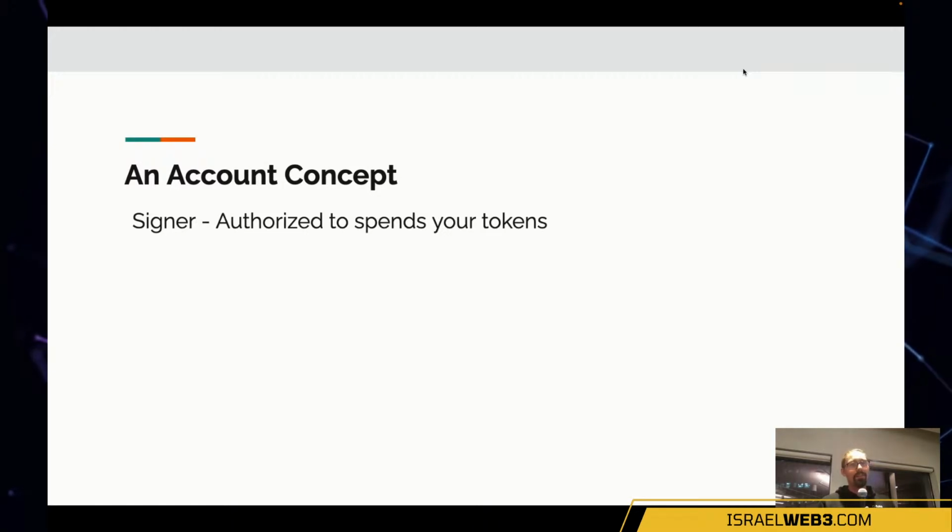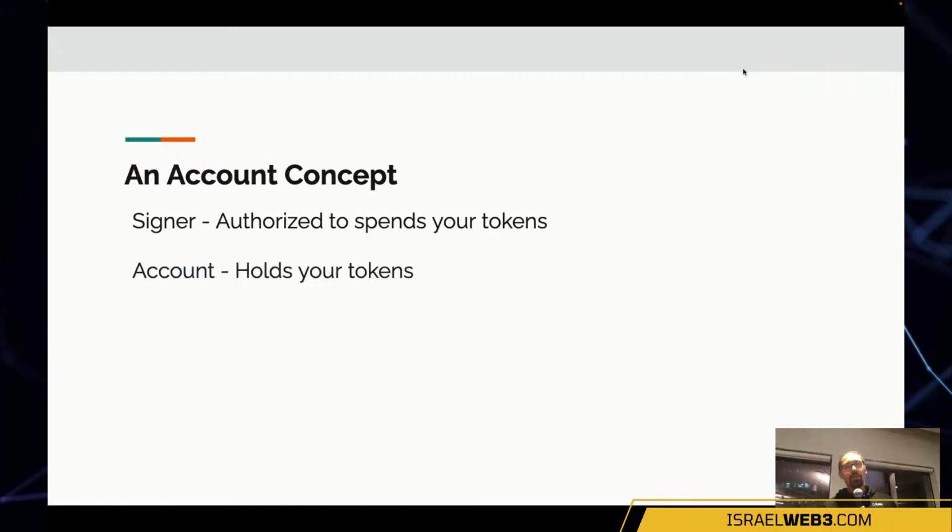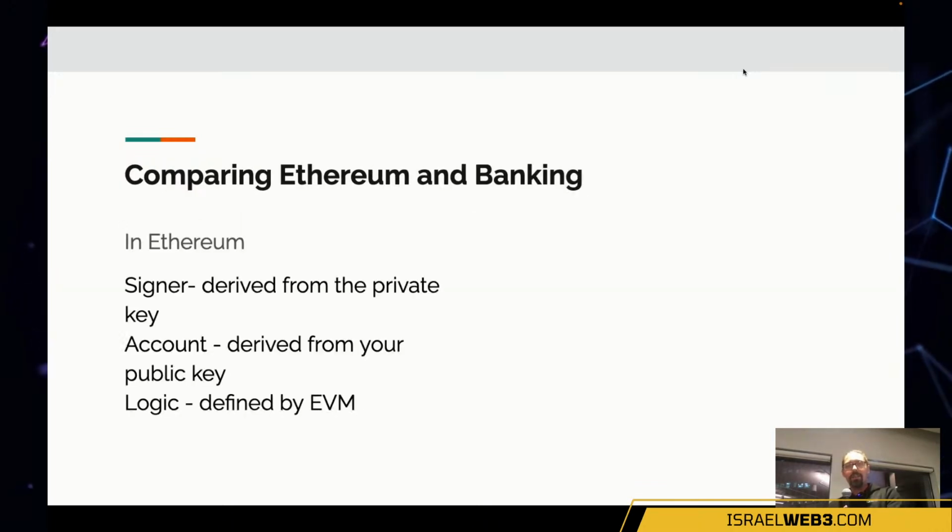It has the signer, which is authorized to spend your tokens, and it has the account, which holds the tokens. Basically, my password for a bank and my bank account. So in Ethereum, the signer is derived from the private key, and the account is derived from your public key, which is also derived from a private key.